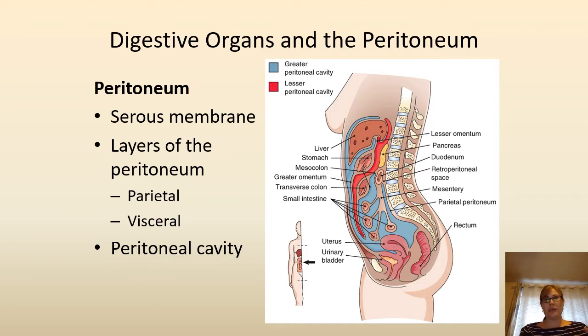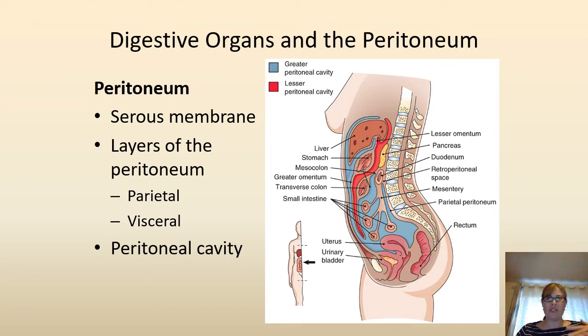So peritoneum is serous membrane that we find in multiple locations, including the abdomen. One layer of this peritoneum sits directly on top of the organs. This greater and lesser peritoneal cavity we're not really worrying about, but the visceral peritoneum would be sitting on top of each organ.